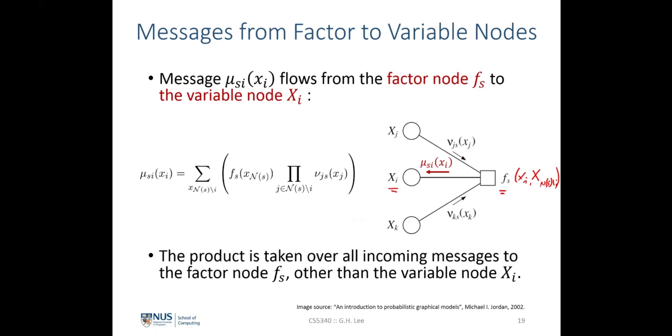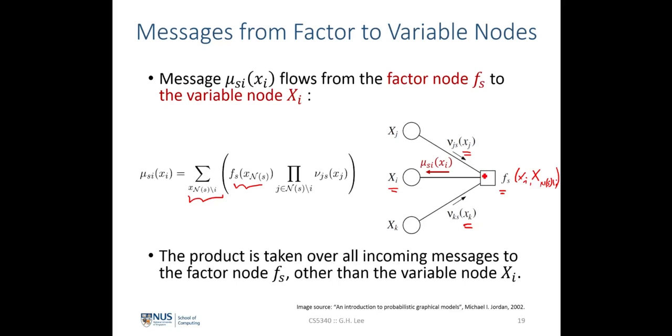So what this means is that we would have to marginalize away all the random variables contained in the factor node fs except for xi itself, over all the potentials, all the factors represented by fs, as well as the messages that come into fs. In this example, it would be the message from xj as well as the message from xk, which contain j and k respectively in these two messages.